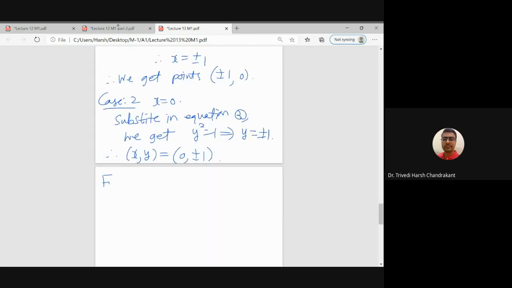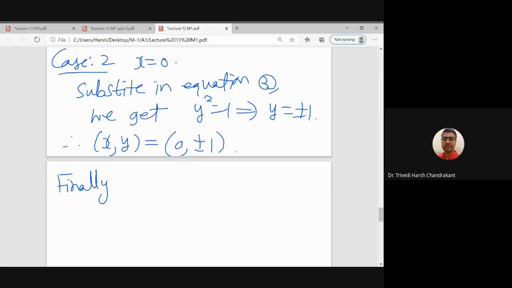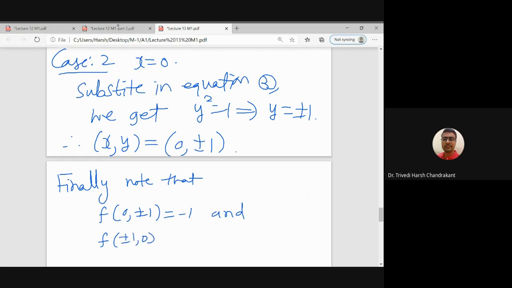So finally, note that the value of the function at (0, plus or minus 1) is minus 1. What is the function? The function is x squared minus y squared. At (plus or minus 1, 0), the value of the function is 1.